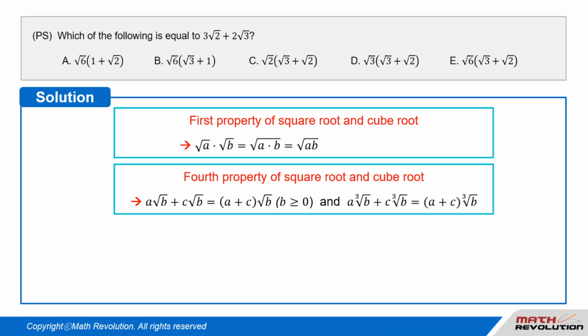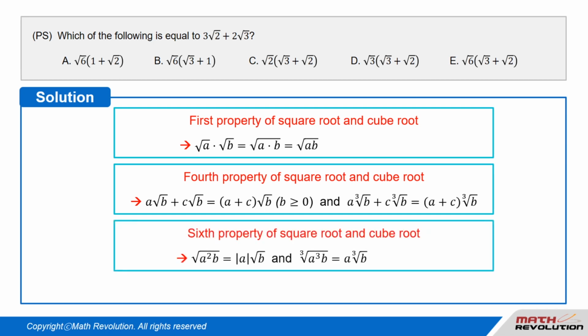So, a times the square root of b plus c times the square root of b equals (a plus c) times the square root of b, where b is greater than or equal to 0. Also, a times cube root of b plus c times the cube root of b equals (a plus c) times cube root of b.